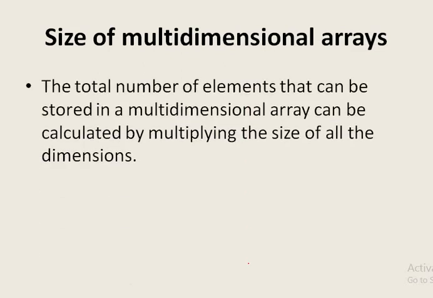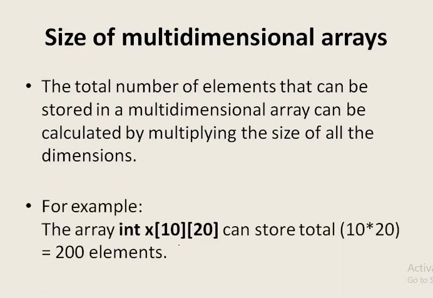Now, let us see what the size of a multidimensional array is, that is, how to find the total number of elements that can be stored in a multidimensional array. This can be found by multiplying the sizes of all the dimensions. If you have 2 dimensions, multiply the 2 sizes, and the result of that multiplication is the total number of elements that can be stored in the two-dimensional array.